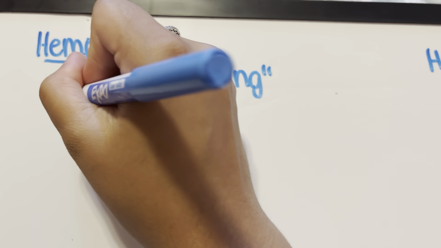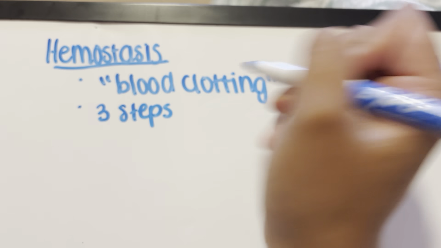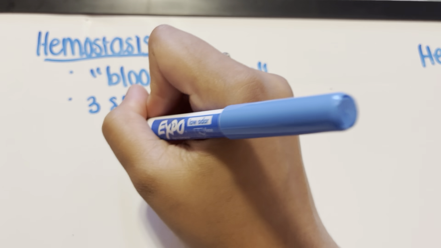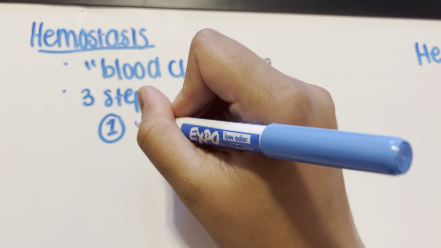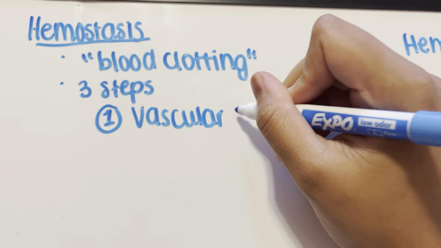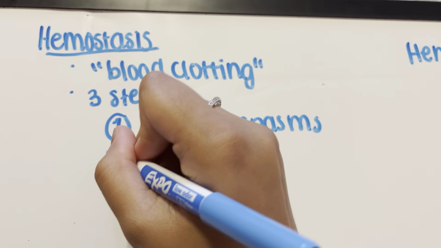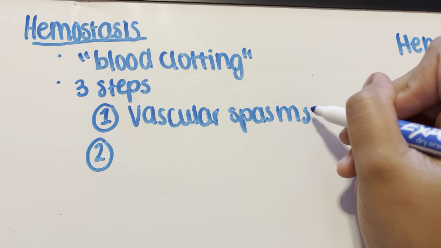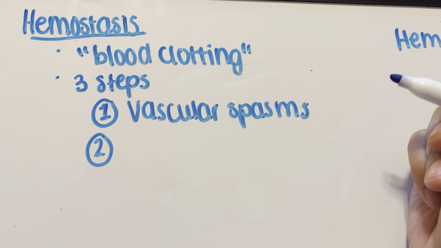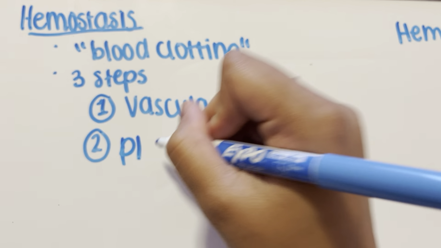So there's 3 steps in hemostasis, 3 major steps. I'll just kind of list them out for you right here. So the first step that we go into is vascular spasms. The second step that we go into is, what is it? Let me think. I kind of forgot. Vascular spasms, and then, oh right, how did I forget that?